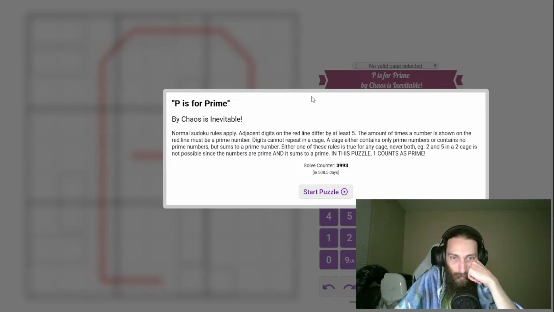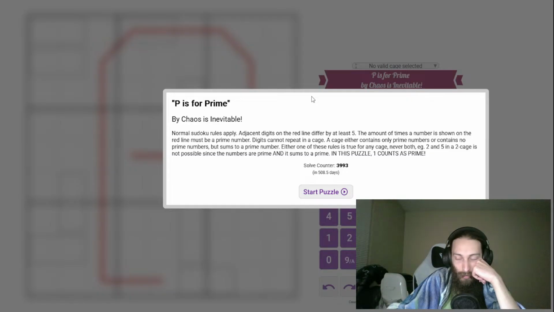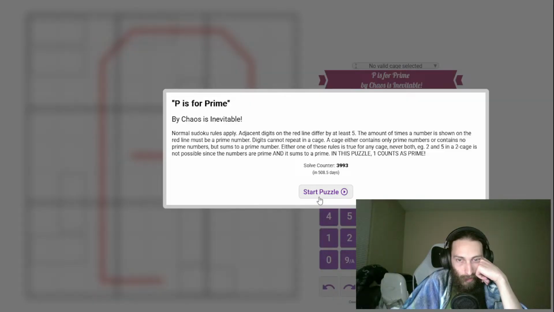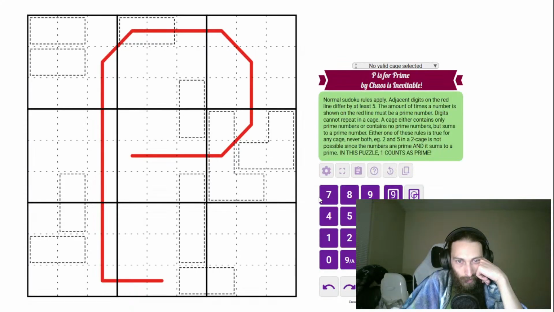So that means it either has only prime digits, or the sum of the digits is a prime number but without any prime digits. I think. Right. Struggling a little bit.